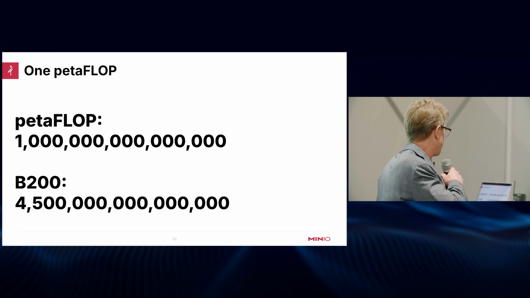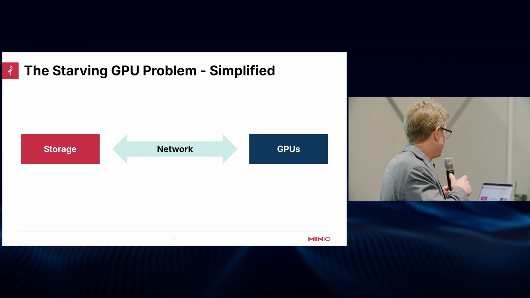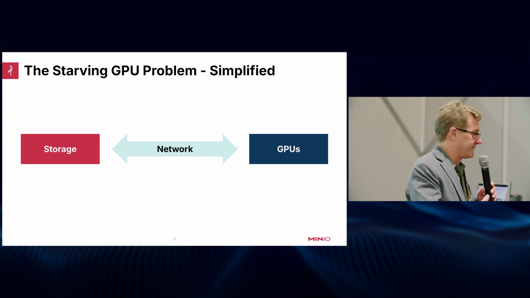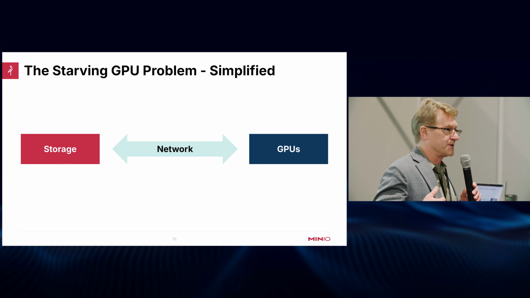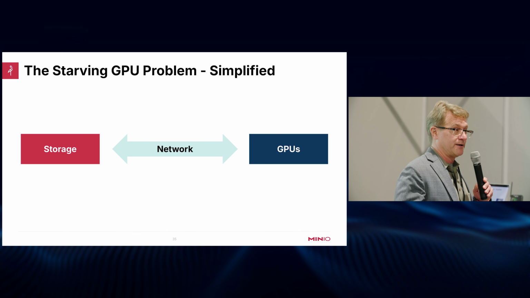And when you apply this to your data infrastructure, it gets really interesting. You really have to think this through if you want it to work. Let's say you're just going to buy some GPUs and shove them into your existing infrastructure. Well, you may want to think about that.